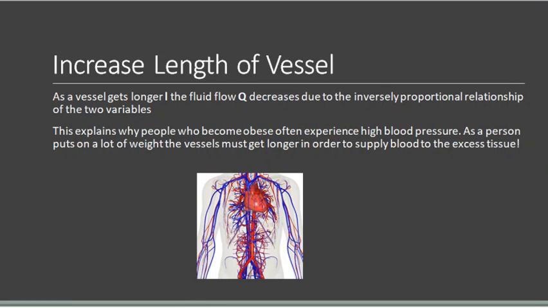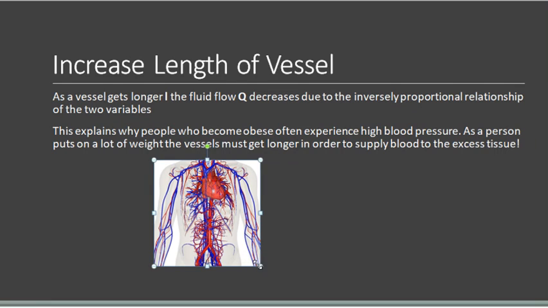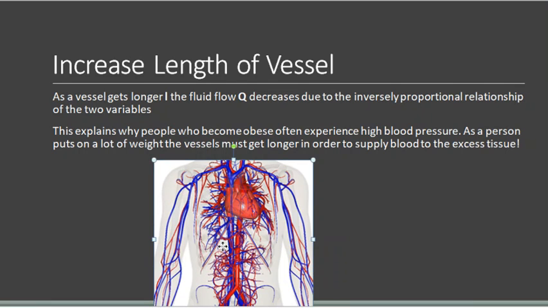Here I put a picture of our cardiovascular system, and you can see veins, arteries, lots of vessels that go to different organs. When we gain more mass, we gain more vessels, and in order for blood to reach those vessels, the pressure in our blood must be higher.